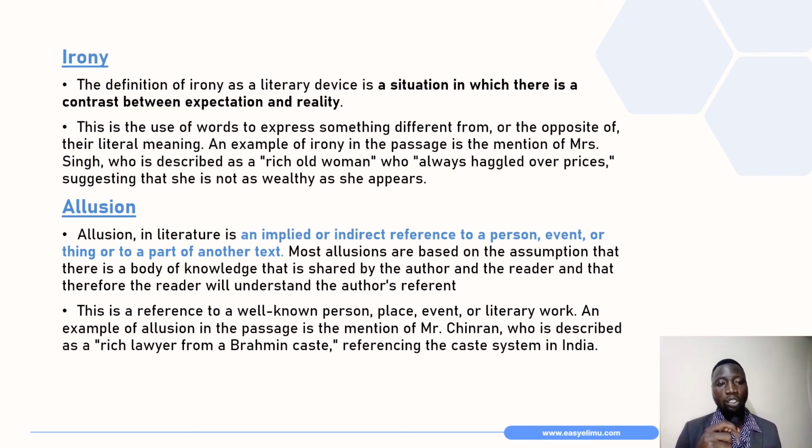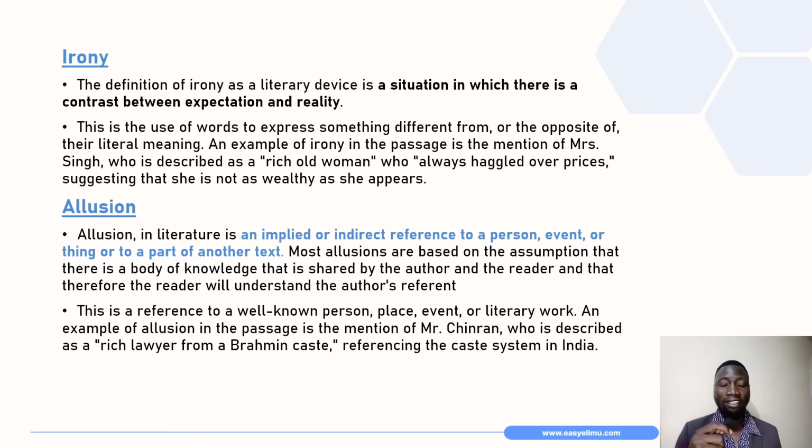So we also have allusion in the story. Remember, this is an indirect reference to a person, event, or thing, or maybe to a part of another text. So in the story Ninema, we are told that Mr. Chindran is described as a rich lawyer from the Brahmin caste, referencing the caste system in India.